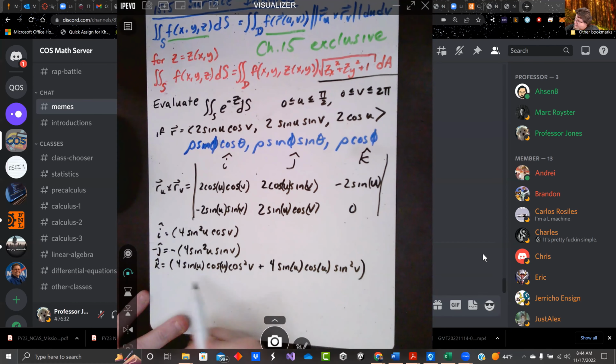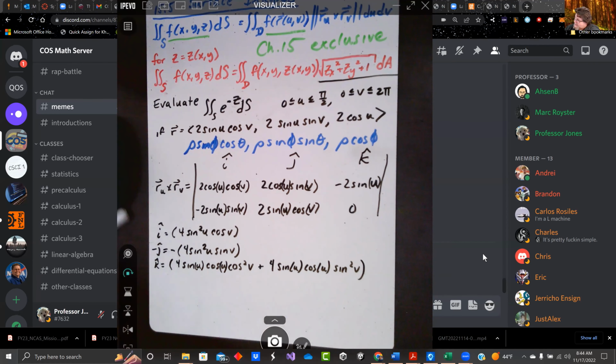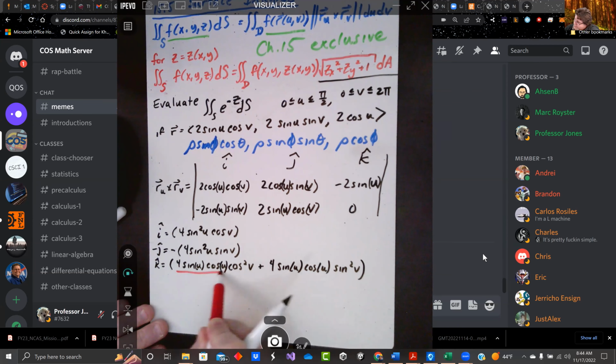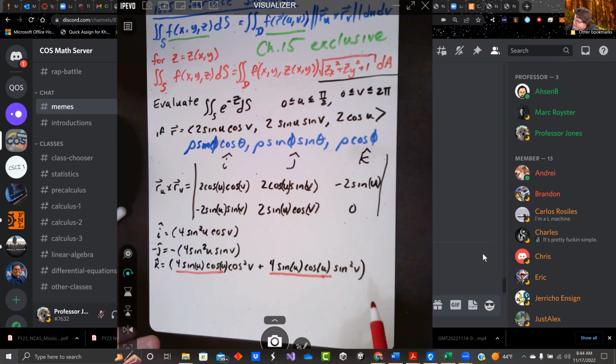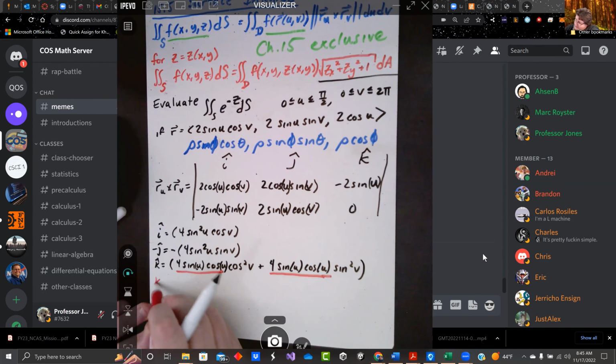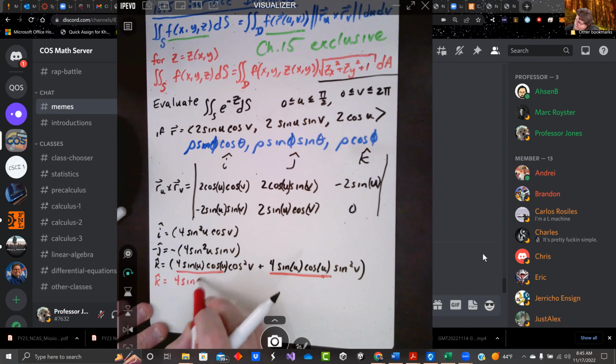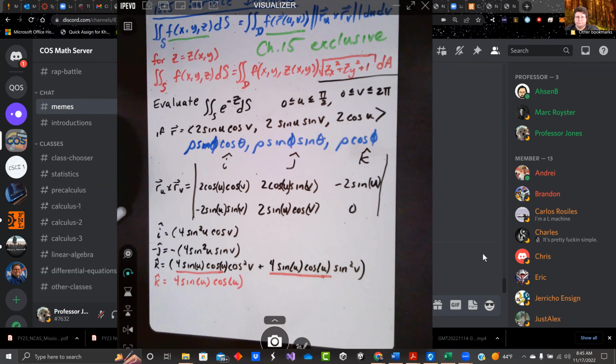Hopefully you see this has some common components. If we factor that out, we're left with cosine squared plus sine squared, which means k simplifies to 4 sine u cosine u. Let me pause and let it digest.